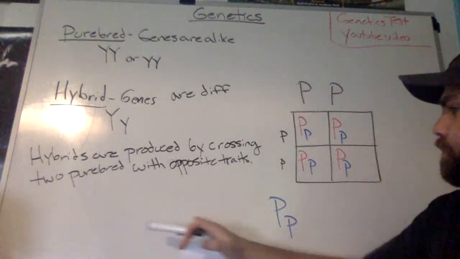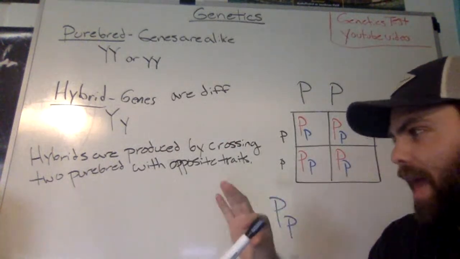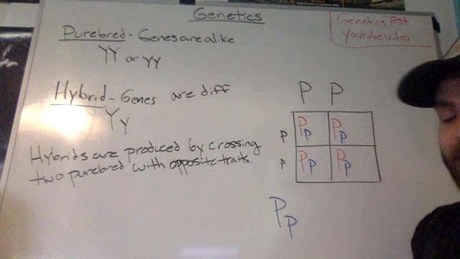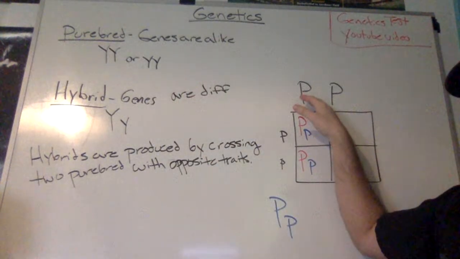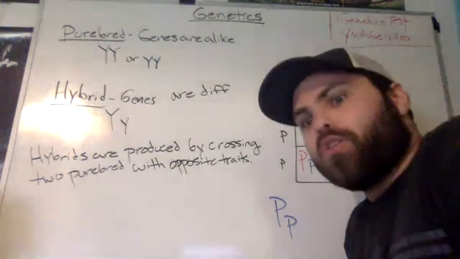So dogs, right? Purebreds. Some of them are purebreds. That means that they are constantly paired up with someone else that also has the same genes as them. Okay. So this is over time.